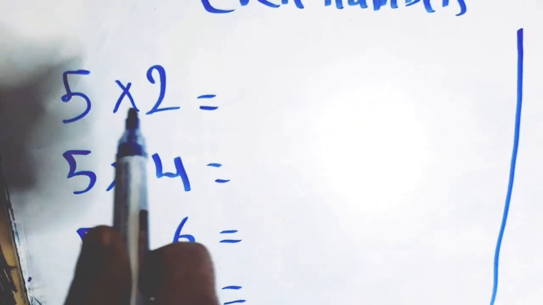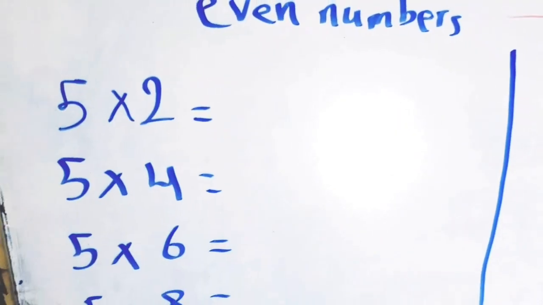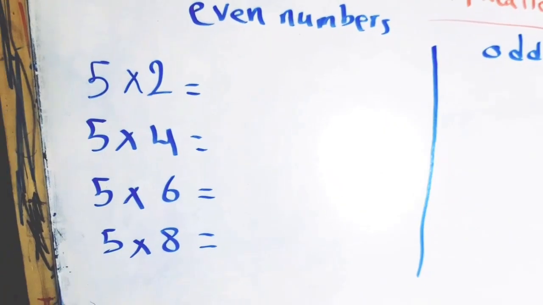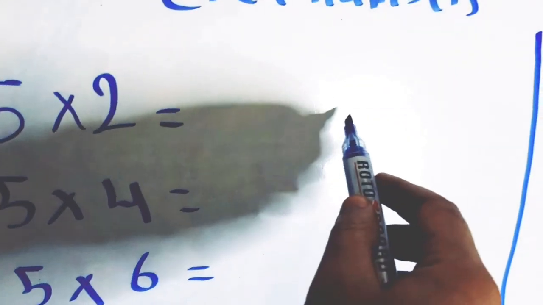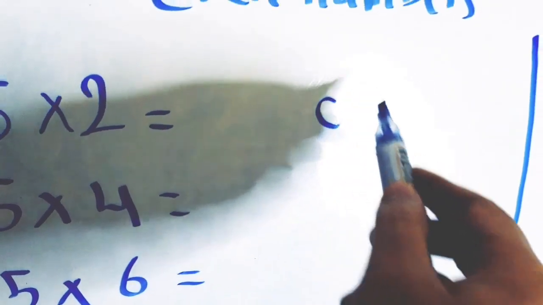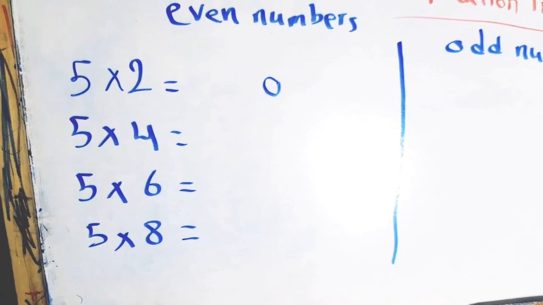So 5 times 2, 5 is multiplied by 2. We all know that 2 is an even number, so we put 0 at the units place. What then?